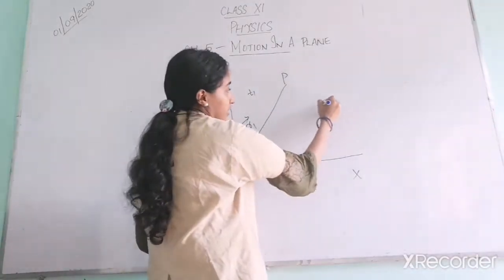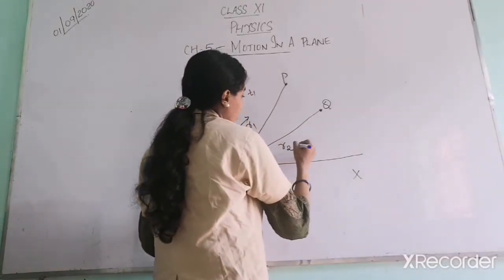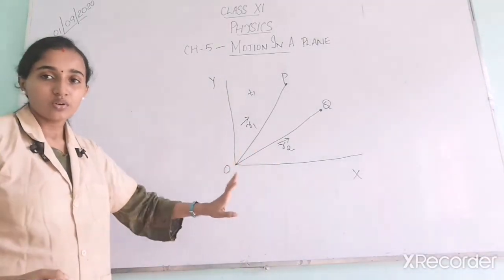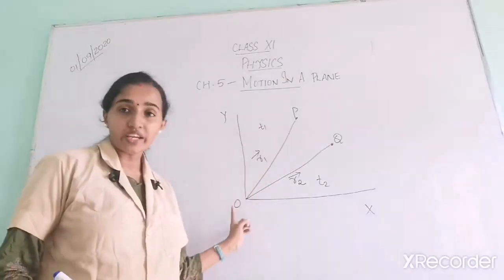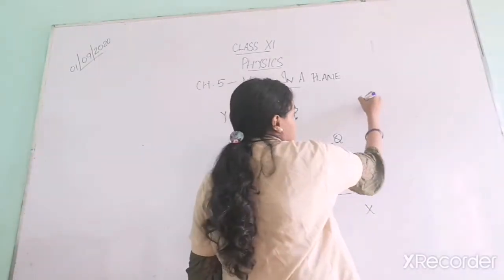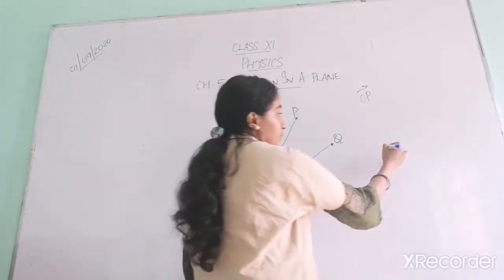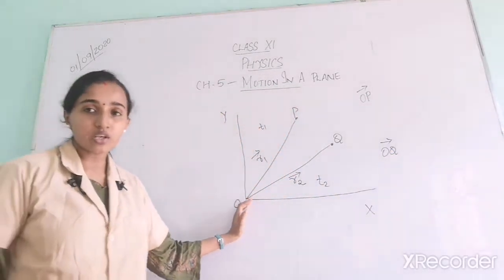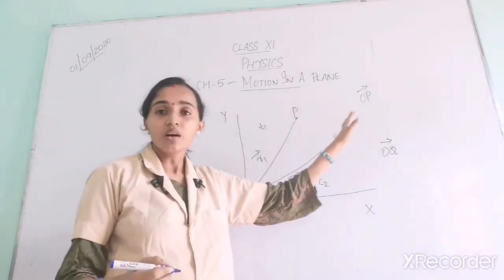Let Q be another particle at a distance r2 from the origin at time t2. The vector OP drawn from origin O to P will be your initial position vector, and OQ will be your final position vector. So a vector drawn from the origin to a particular point is what you call a position vector.